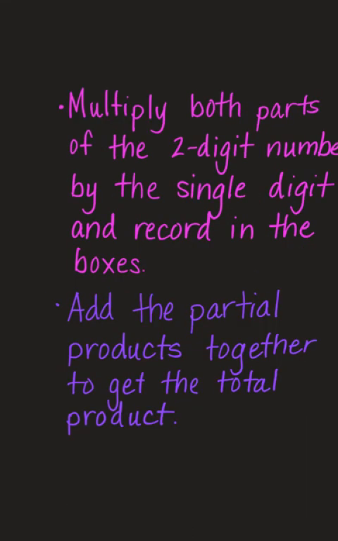Multiply both parts of the two-digit number by the single digit and record in the boxes. Finally, add the partial products together to get the total product. That is how you do the box method for a two-digit number times a one-digit number.